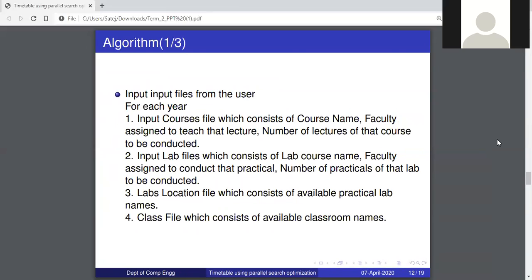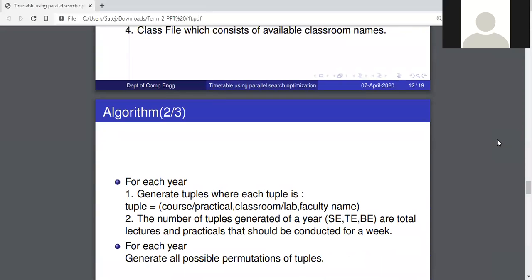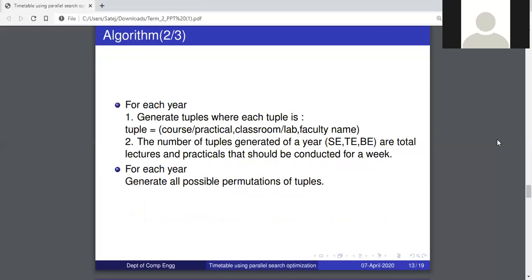First we are going to take the input from the user in the form of files. Then from the files we are going to generate various tuples for each year. The first element of the tuple is the course or practical which is to be conducted.